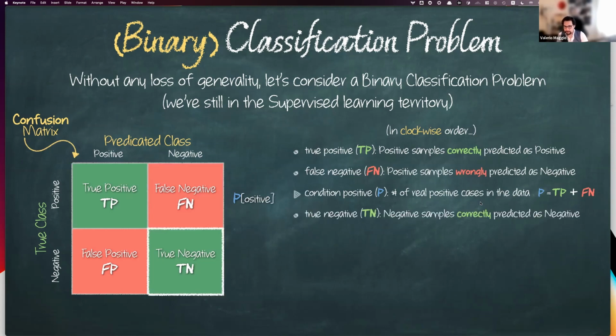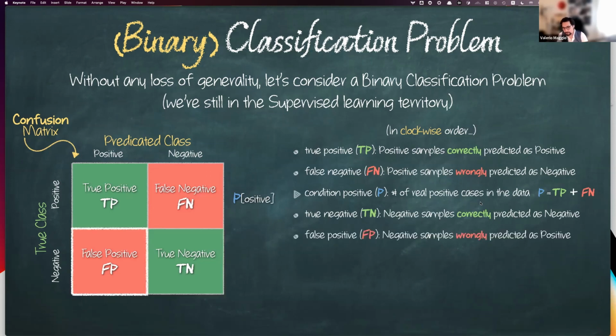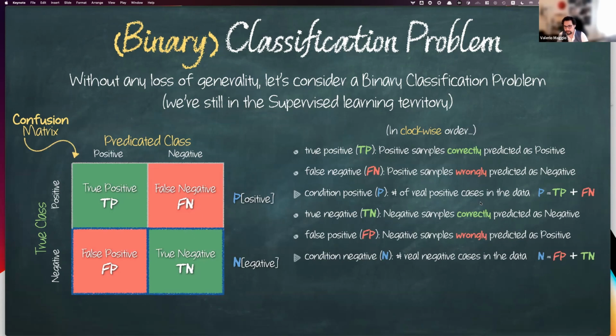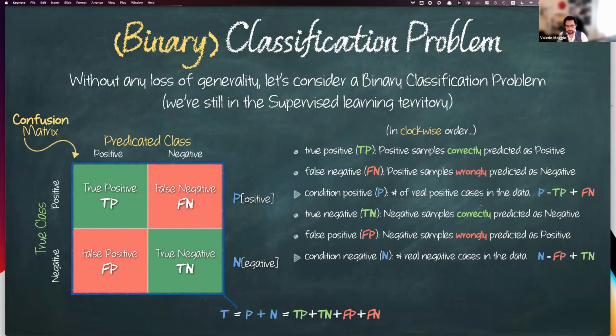The true negative is the negative samples correctly predicted as negative, and the false positive is the negative samples wrongly predicted as positive. And the sum of those is the condition negative, or the total number of negative samples we have in our data set. The sum of everything in this matrix is T, so P plus N is the total number of samples we have in our data set.